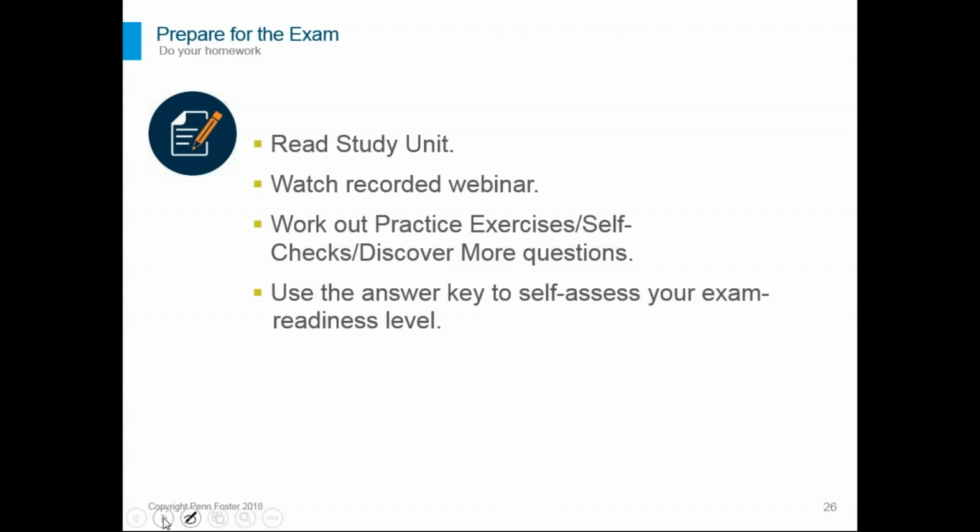So when you go and take the exam, you're familiar with everything in it. The answer key for those questions is given for a reason. When you do the questions and find the answer, compare it to the answer key we give, and then you decide if you need more help on this topic or you're good, you're ready for the exam.